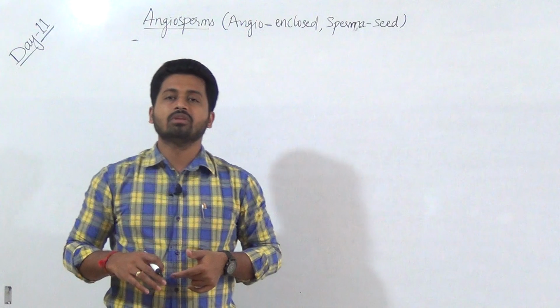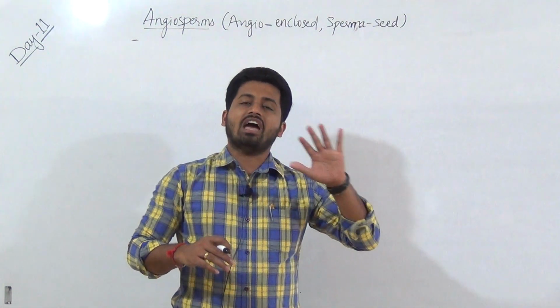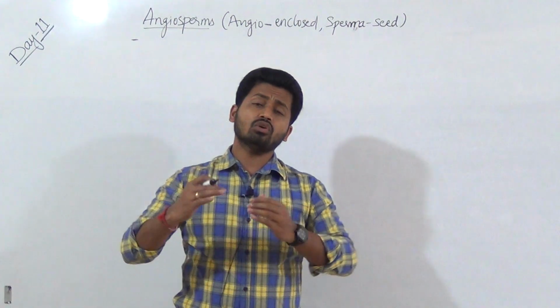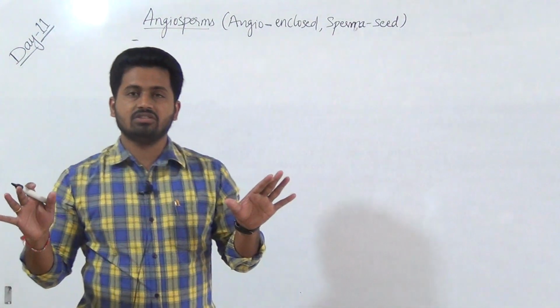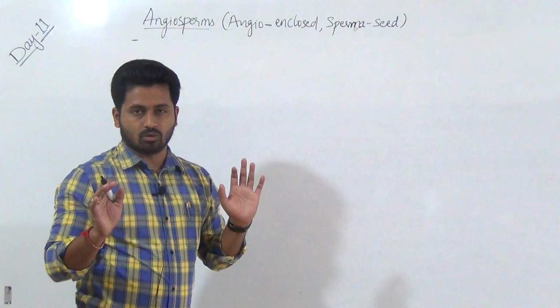So they are found in a large range of habitat. What is habitat? Where they grow. They grow on almost all surfaces, soil, water, or even on other plants.